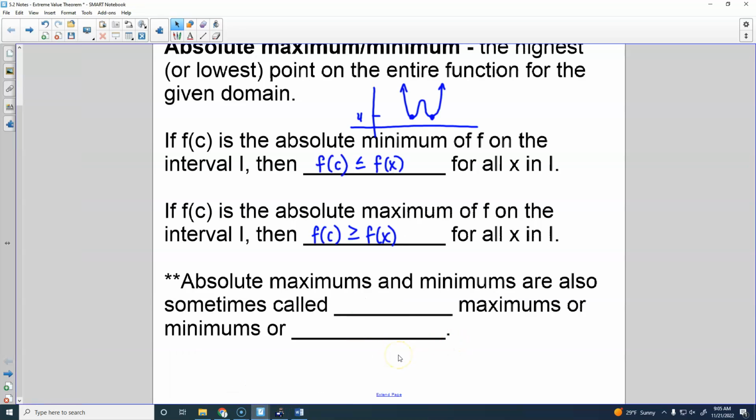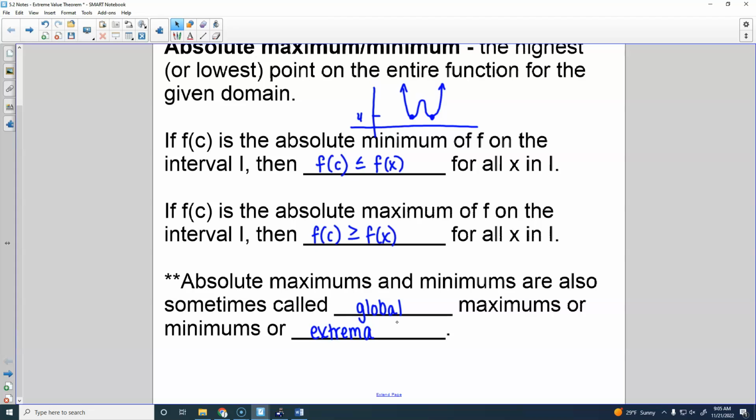Absolute maximums and minimums are also sometimes called global maximums or minimums or extrema. So the word extrema is a word that we can use that includes both maximums and minimums. So you might see extrema used instead of maximum or minimum.